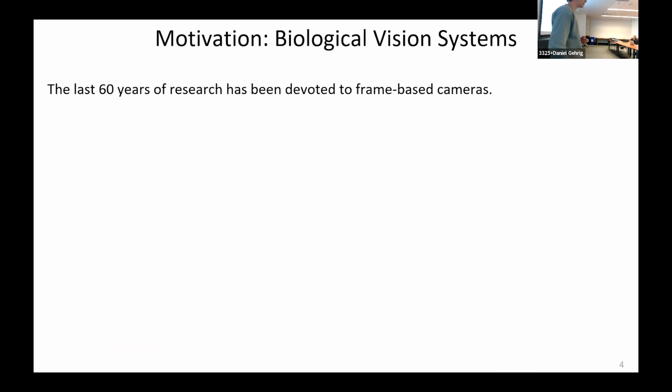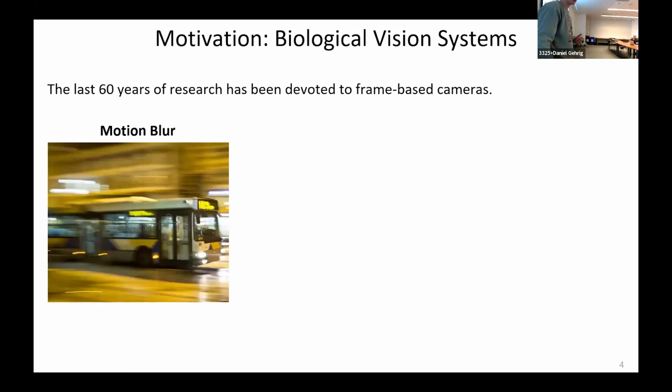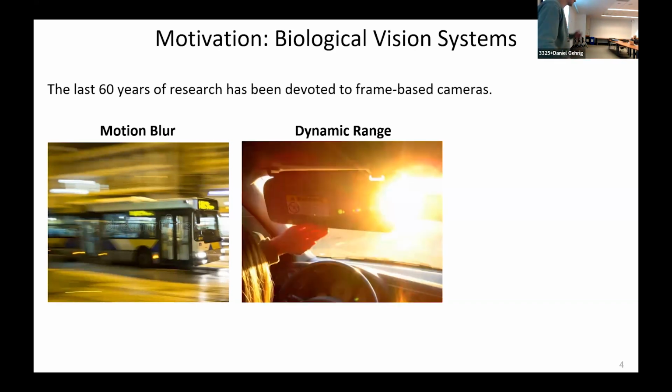However, most of computer vision research nowadays has been devoted to frame-based cameras. So frame-based cameras, they suffer from a number of disadvantages. One of them is motion blur. So in these very dynamic scenarios, like the dog catching the frisbee, we will frequently observe motion blur. This degrades the image quality and thereby also limits the camera potential as we can see these images.